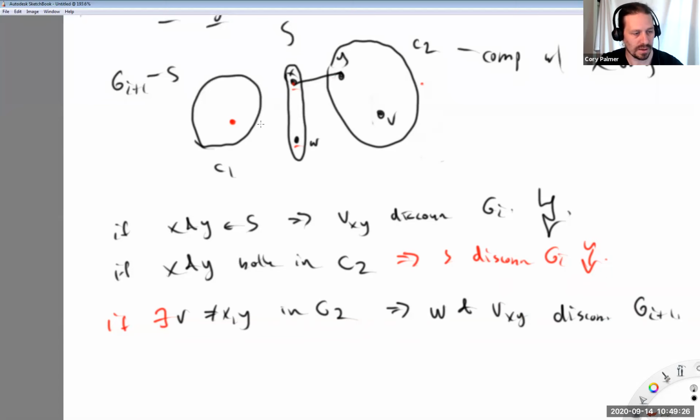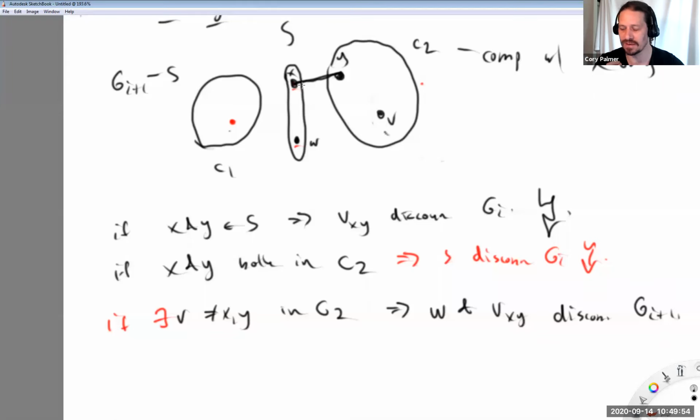Because contracting this thing here and W will leave a vertex here separated from this vertex V here, which exists. So it wouldn't happen if there's no other vertex here, then this contraction doesn't. So what we're trying to avoid is at every step here, it seems like W and the contraction of this edge should be as good as removing W and X, right?